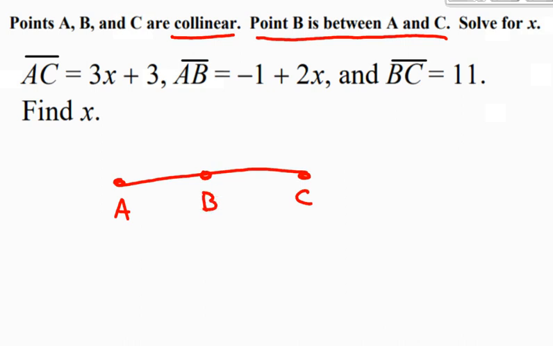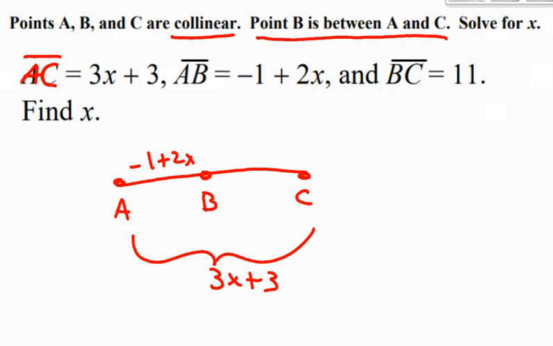Doesn't say exactly where. Okay, then it goes on to tell me, I'm going to read my language again, line segment AC. So AC, that's the big one, is equal to 3x plus 3. Line segment AB is negative 1 plus 2x.